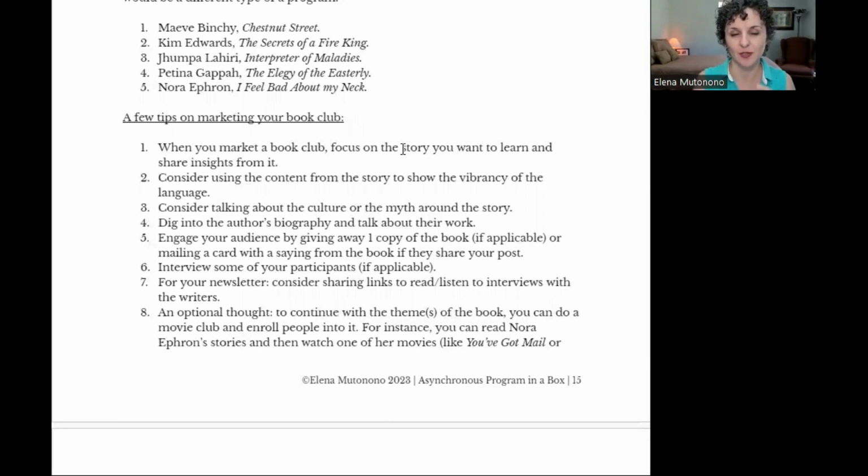Every short story, and that's why I love teaching short stories, goes way beyond the few pages that people read. There's so much depth.